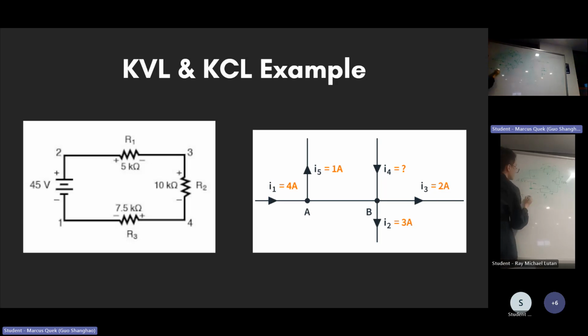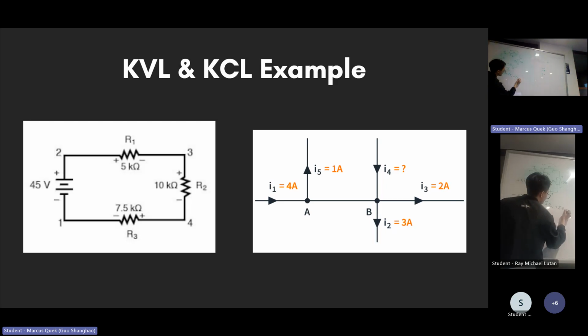So negative 45, then plus the voltage across this resistor, which is V equals IR. Let's label the total current as I. So I times R1, plus I times R2 here, then plus I R3.